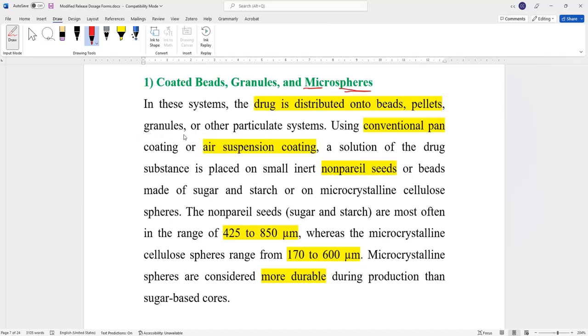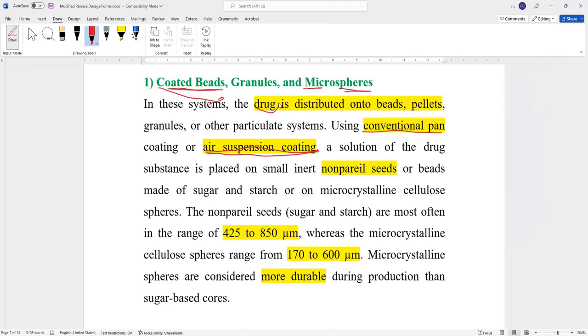or even granules, in order to prepare coated beads, what we do is we put them in a conventional pan, as you have taken in tablet coating, or the other way, اللي هو air suspension coating, which we have also taken in coating. طيب, so what do we do with the drug?